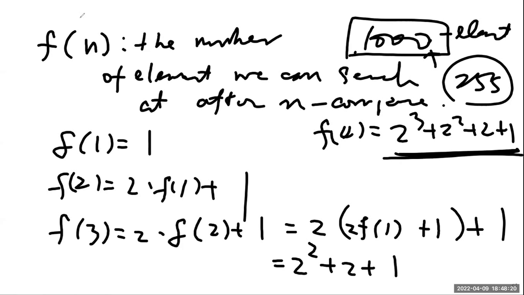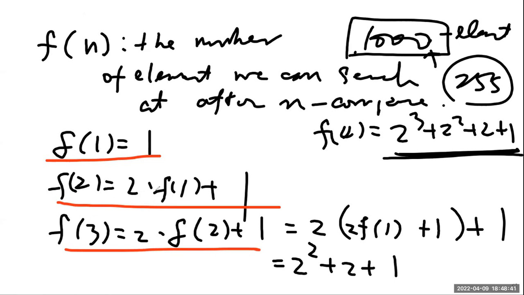Could you repeat that last part? Let's do it one by one. The first one, F1 equals 1. F2 equals this one. F3 equals 2F2 plus 1.